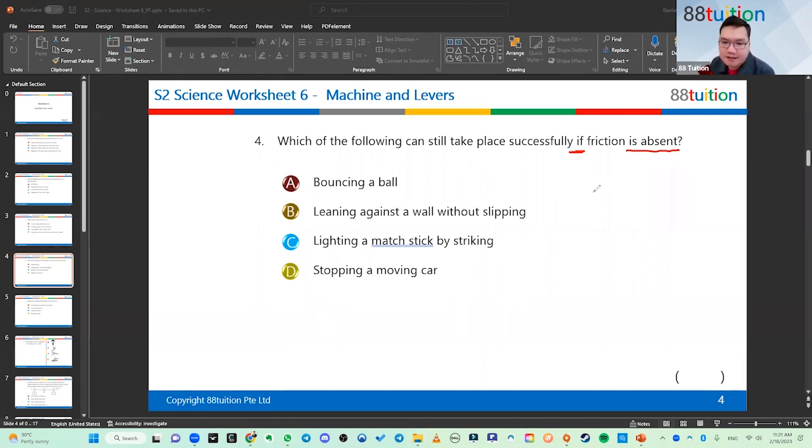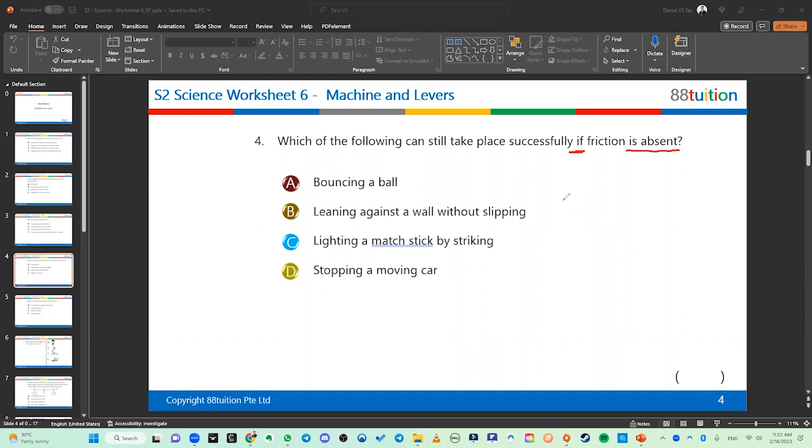Okay, let's read the options again. Junle: bouncing a ball. Jocelyn: leaning against the wall without slipping. Okay, C. Ezekiel, can you read C for us?